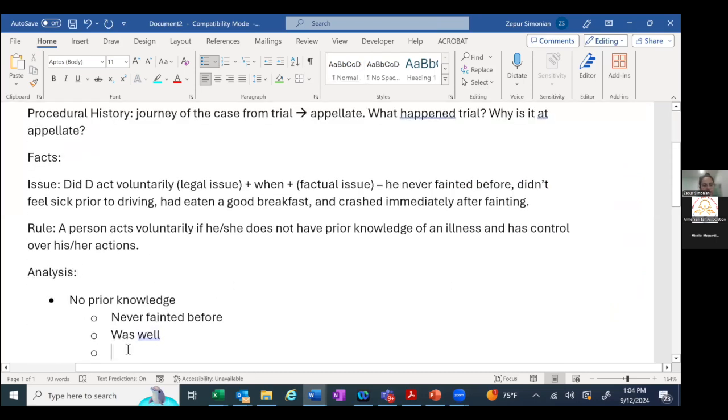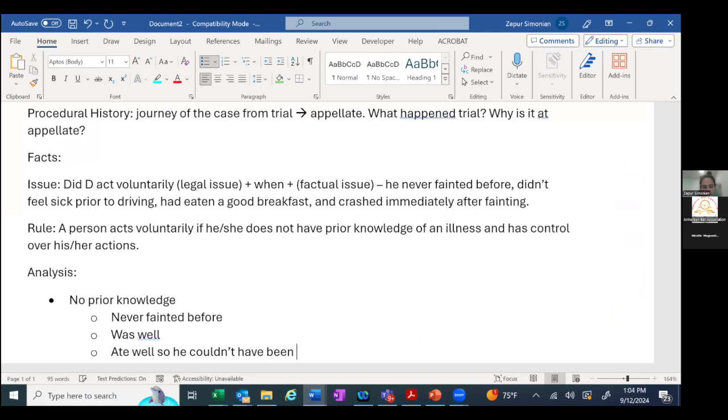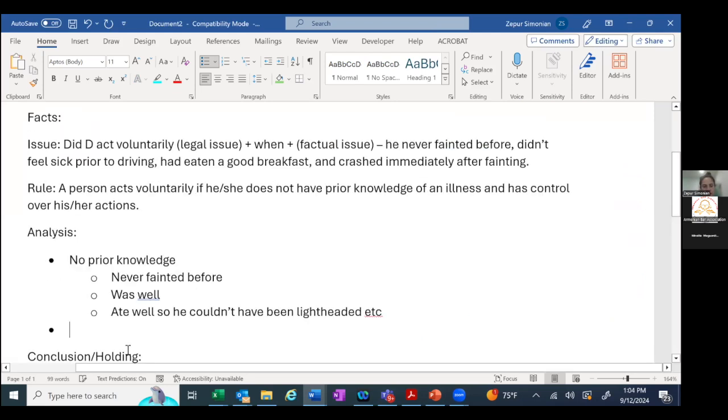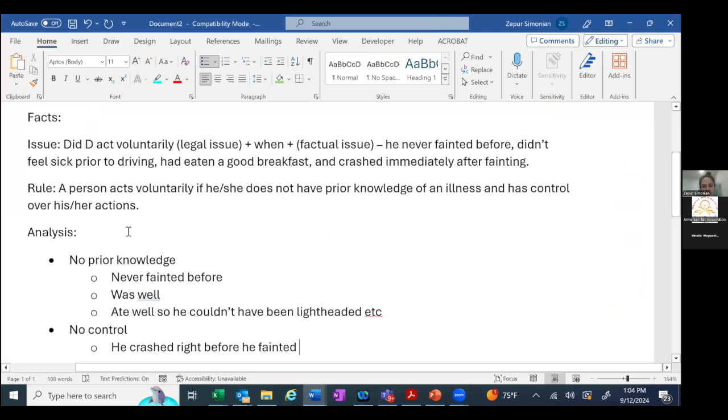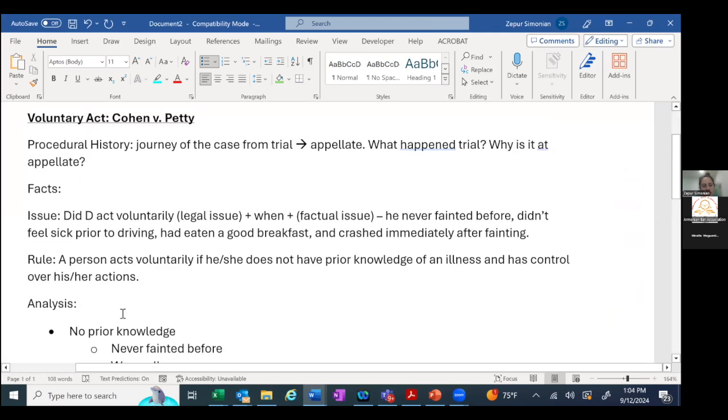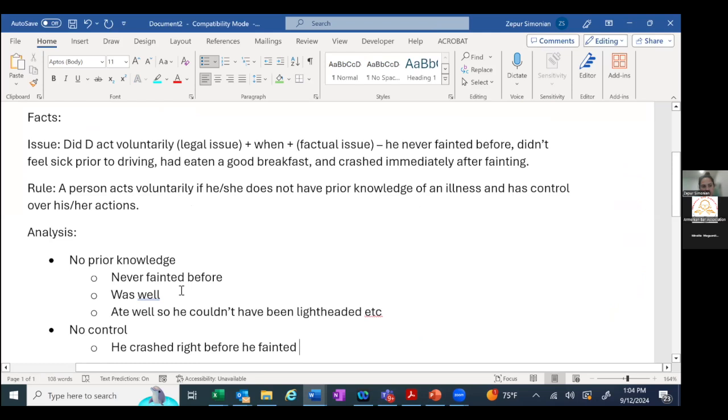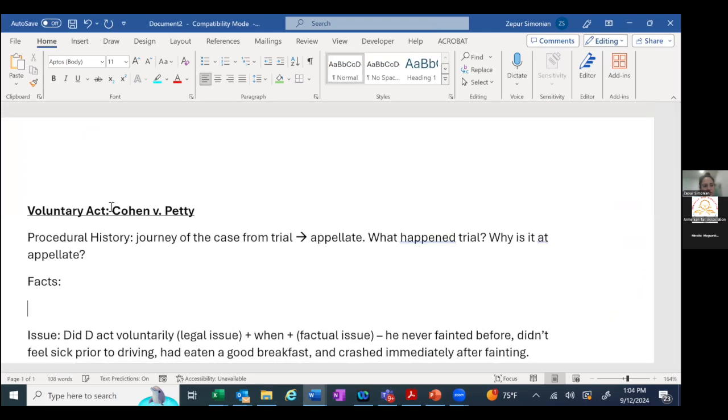He was well, ate well, so he couldn't have been lightheaded, etc. And then no control: he crashed right before he fainted. And then the explanation of how you are connecting these two. And then the key facts, I can make it very brief.